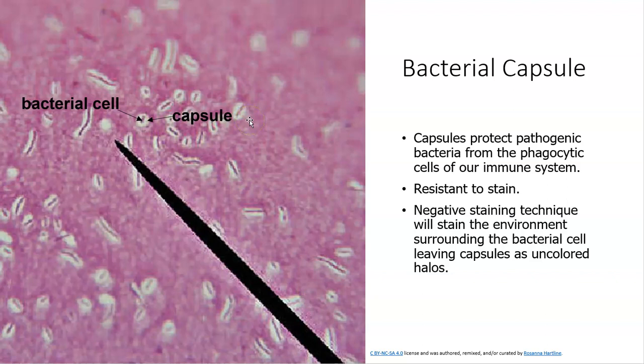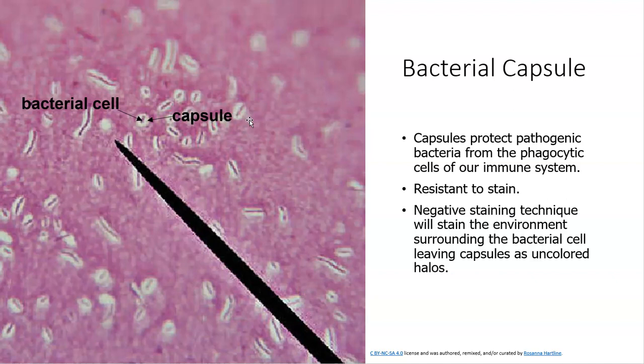Bacterial cells that have capsules are typically more pathogenic. Bacteria that have capsules are able to survive in the presence of phagocytic cells. It makes them pretty much resistant to phagocytosis, which is one of our body's primary defenses against bacterial cells.